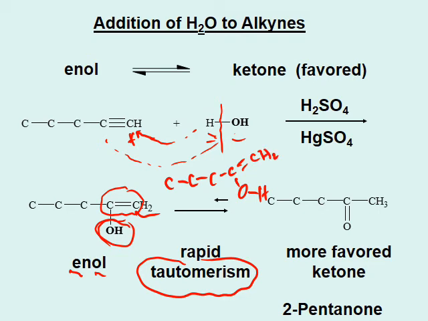Okay, let's double check so that I haven't made any mistake in copying. 1, 2, 3, 4, 5, 1, 2, 3, 4, 5, and then OH. Now I'm showing you how an enol can be changed to a ketone. We call it enol-keto tautomerism.